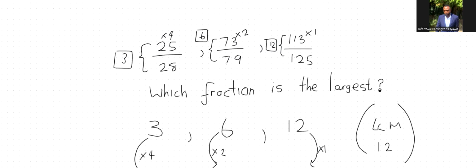So what's going to be the next thing now? I'm now going to multiply the numerators like what I did. So here, 25 times 4 gives me 100, isn't it?